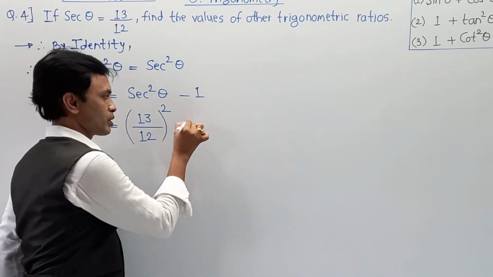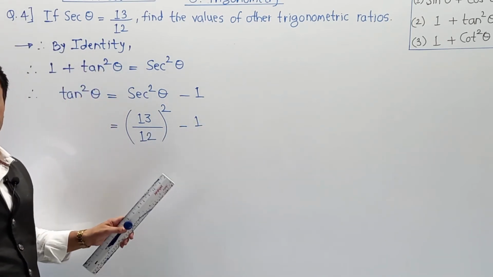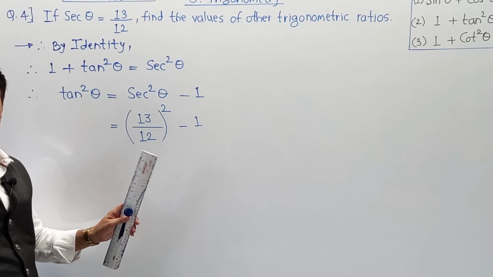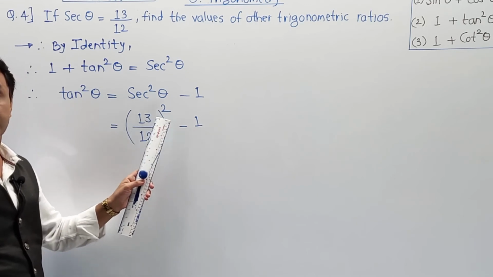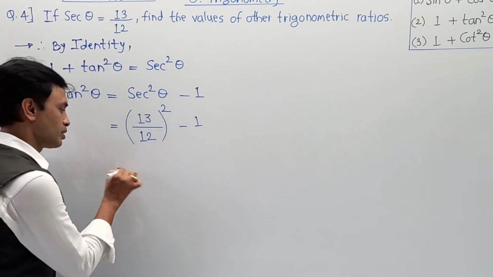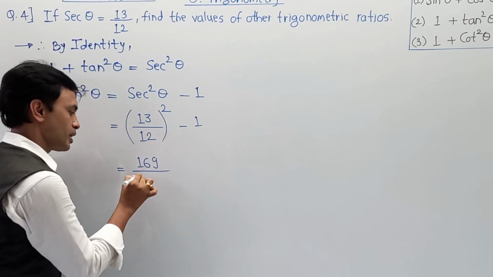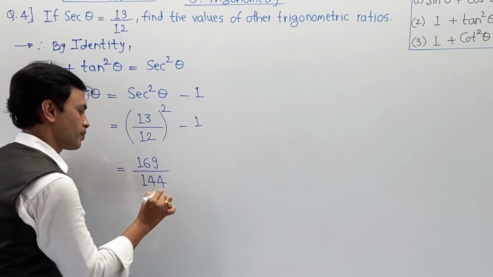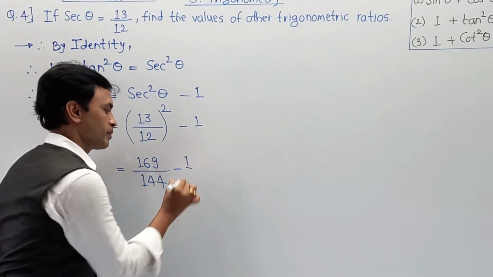Minus 1 is as usual. Now remember, there are certain calculations that I am going to do directly, so you should practice for that. Here 13 square is nothing but 169, so it becomes 169. 12 square is 144. This is minus 1.